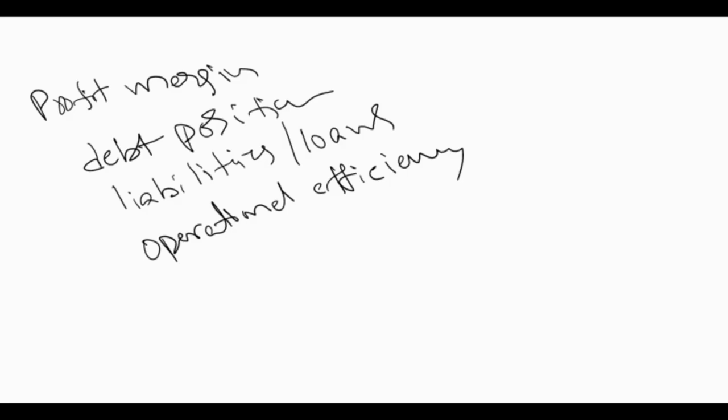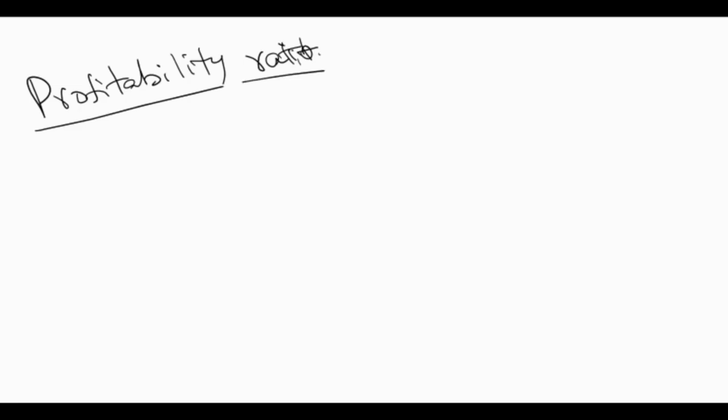So first let us look at profitability ratio. So what is this profitability ratio? What does it tell us? It tells us how good a company is at making money, right? Profitability is all about making money.